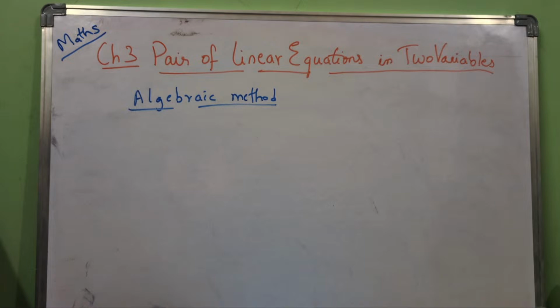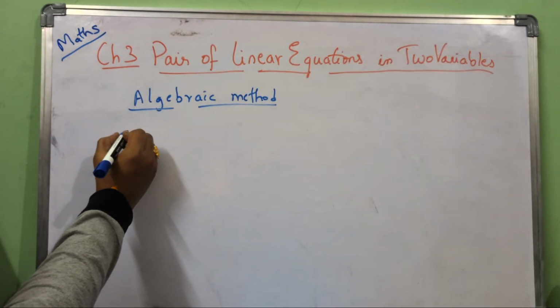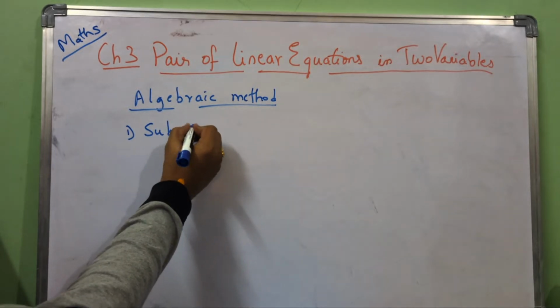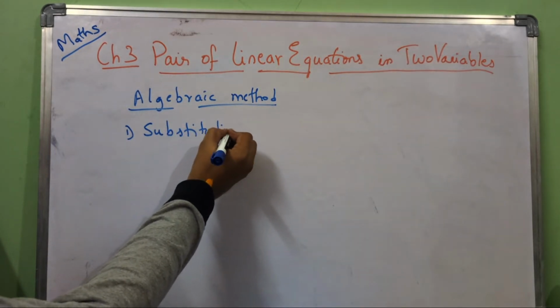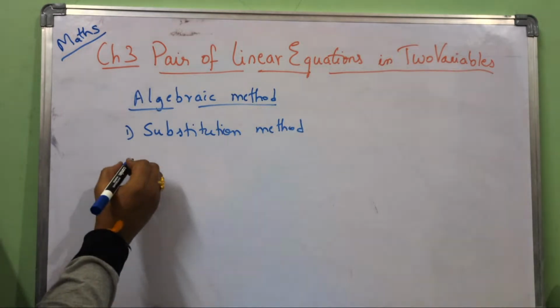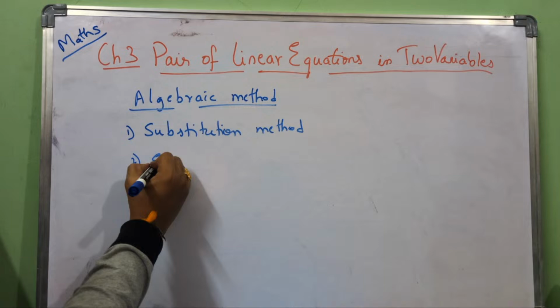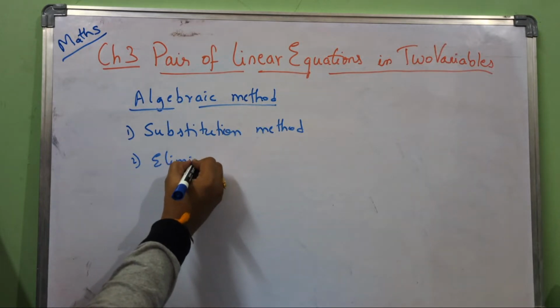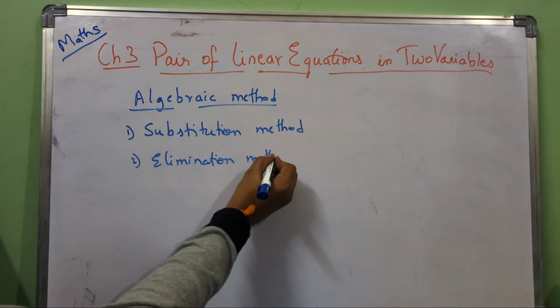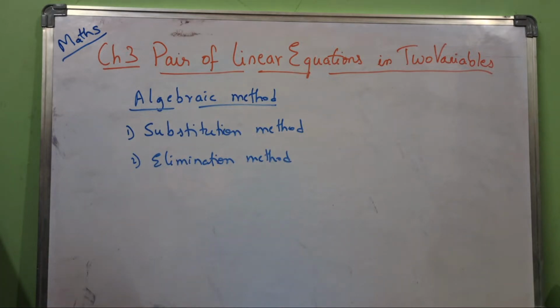For the algebraic method, we have two methods to solve the pair of equations, which are the substitution method and the second one is the elimination method. So we'll study each method and solve each question. So let's see the first one, which is the substitution method.